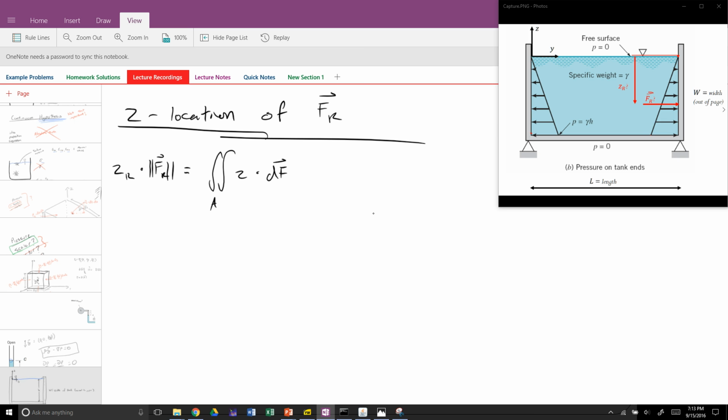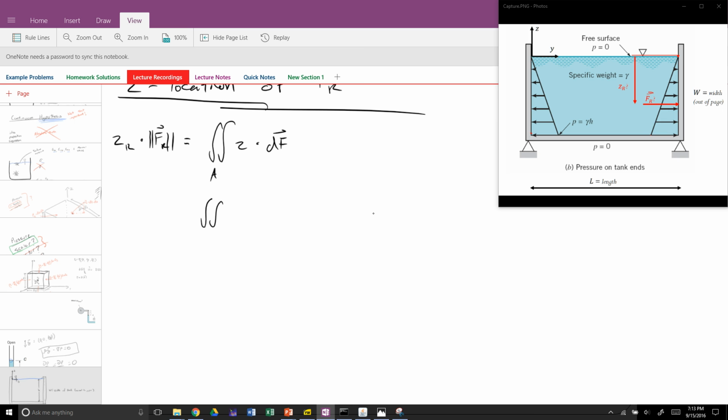But this is going to give us the integral from 0 to w, negative h to 0 of z times rho g z. This is, of course, negative, the pressure times differential area, dz dx.